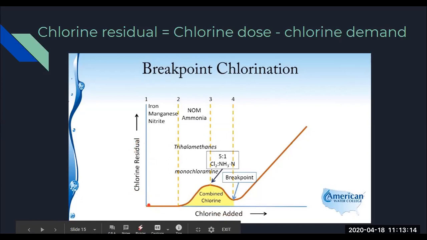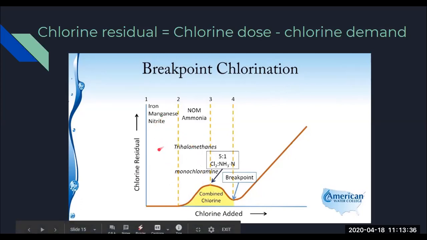Now you'll notice chlorine residual is almost 0 for the first section of the graph. As we add chlorine, it dissolves in the water and forms 2 gases and 2 acids, and these acids begin to react with things in the water.